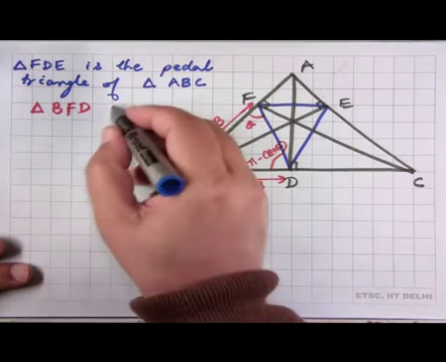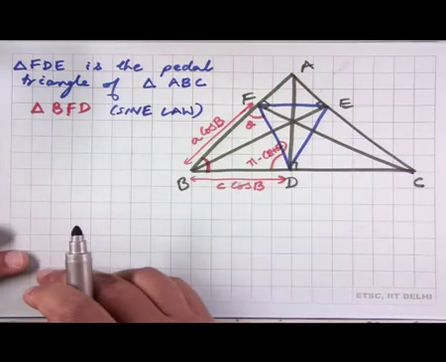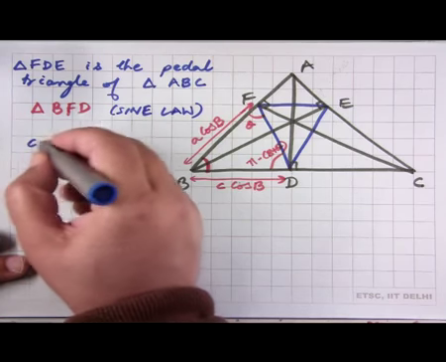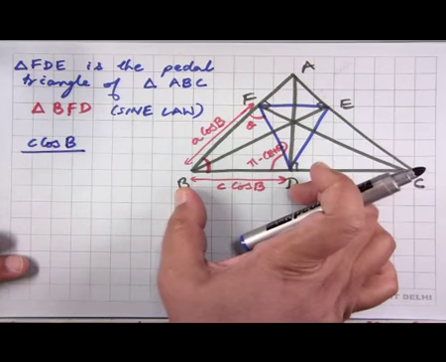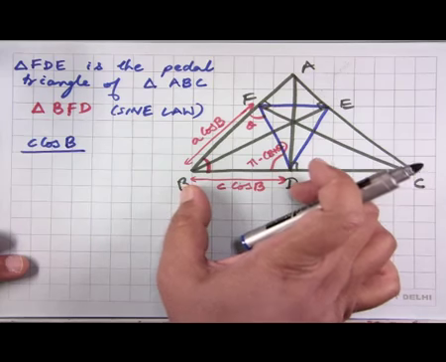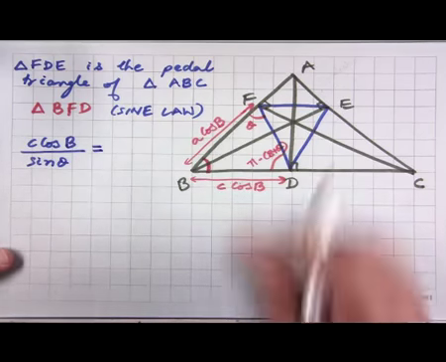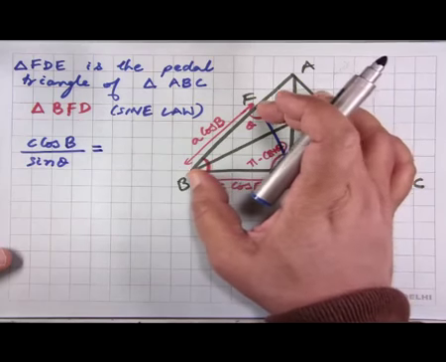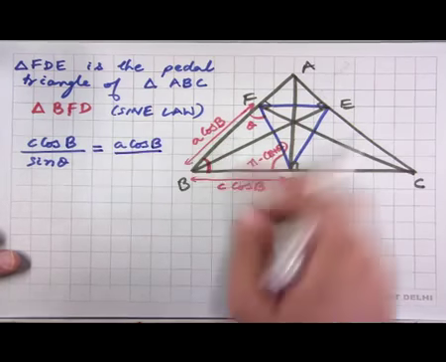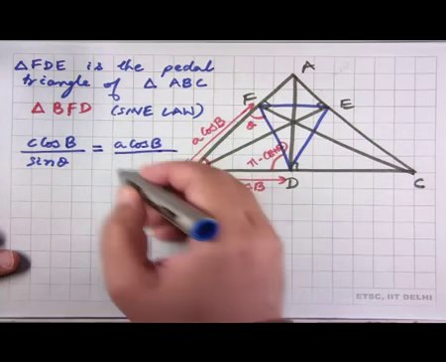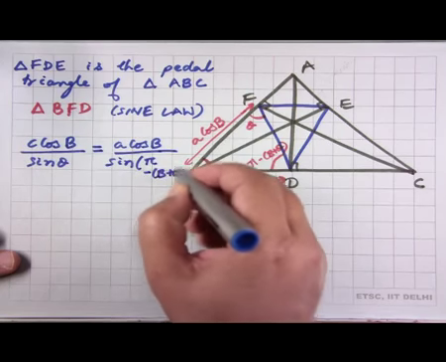By applying the sine law to the triangle BFD, what we end up getting is that c cos B, so this side BD, over the sine of the angle opposite to this side, which is theta, has to be equal to the ratio of the length of this side, which is a cos B, divided by the sine of the angle opposite to this side, which is sine of pi minus B plus theta.